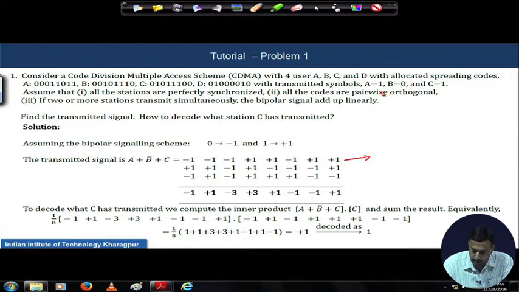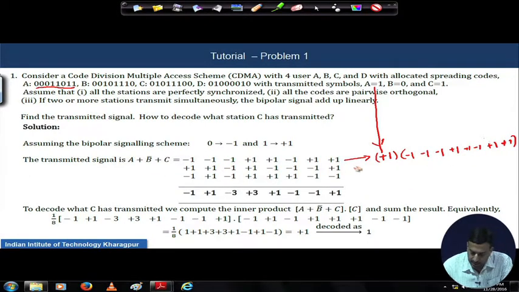So this is obtained by taking the signal by A, which is +1, and merely multiplying it with the sequence corresponding to A, which is -1, -1, -1, +1, +1, -1, and so on, ending with +1 and +1.